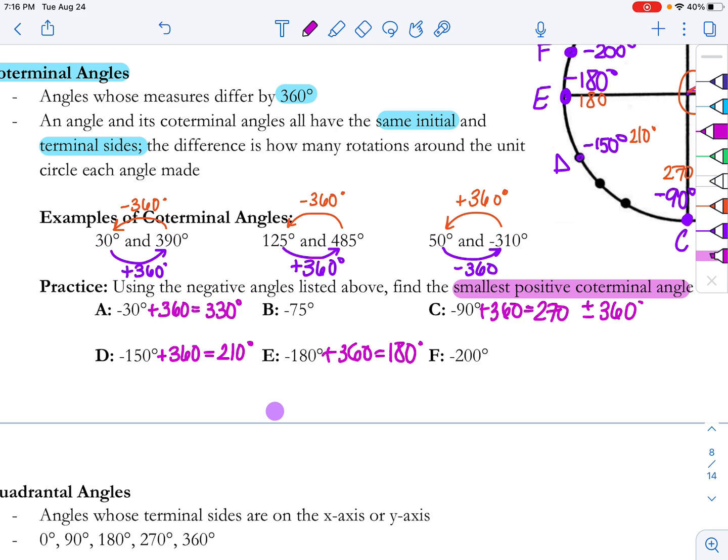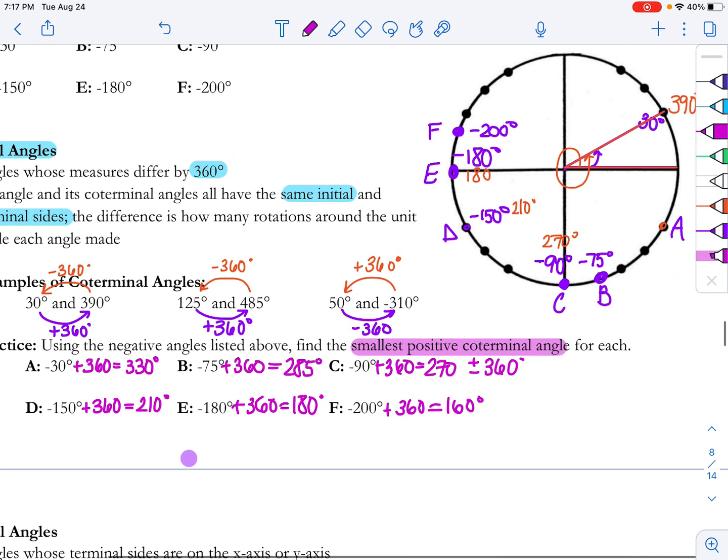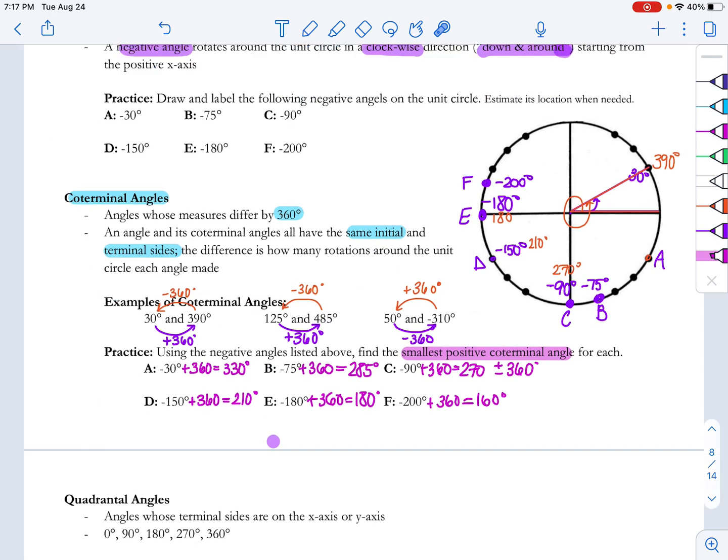Negative 75 plus 360 would give us 285. And then negative 200 plus 360 would give us positive 160. Again, all examples of angles that if we were to plot them around the unit circle would start and end at the same spot, but the direction, whether it's positive or negative, and the amount of times that we went around the unit circle would be different.